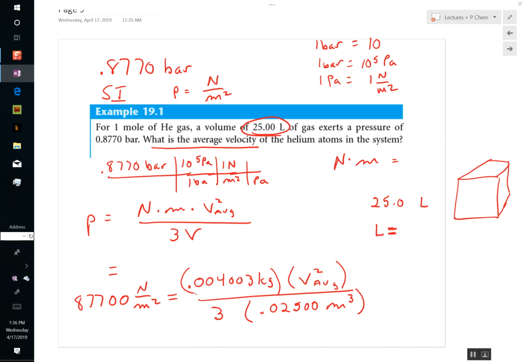So what kind of pressure would they exert? One of them would just be its mass. Avogadro's number of them is going to be that mass of particles.